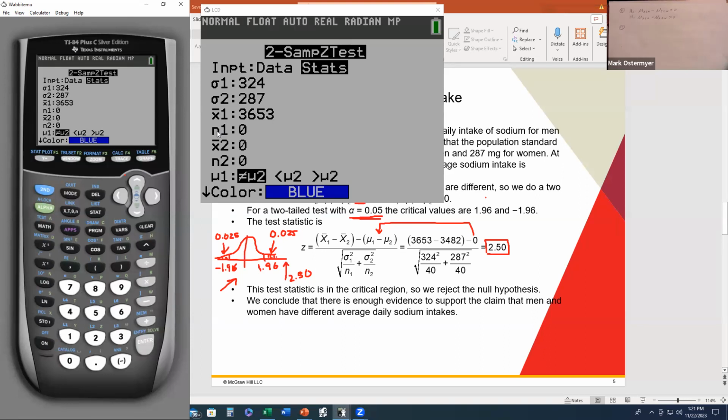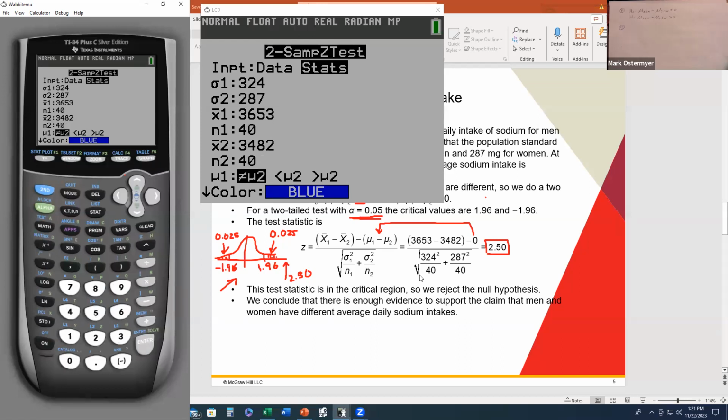The size of the male sample was 40. The sample mean sodium intake from the female population was 3,482. And the female sample size was the same as the male, 40.